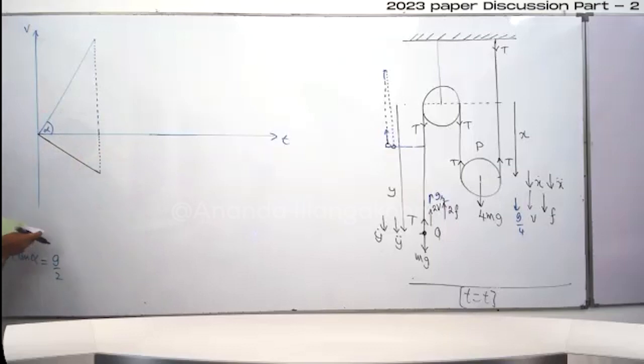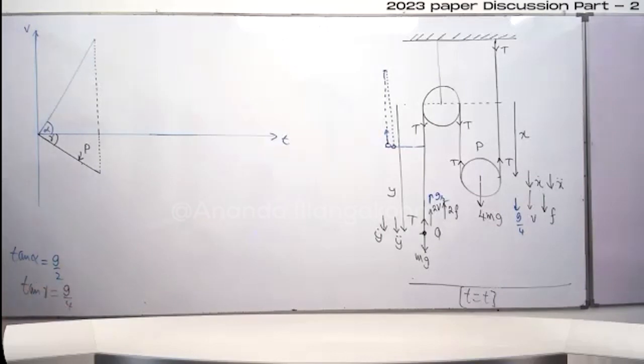So what is this VT graph? This is the VT graph of that P. Let this angle be gamma. So what is tan gamma? The acceleration of P. It is g by 4.